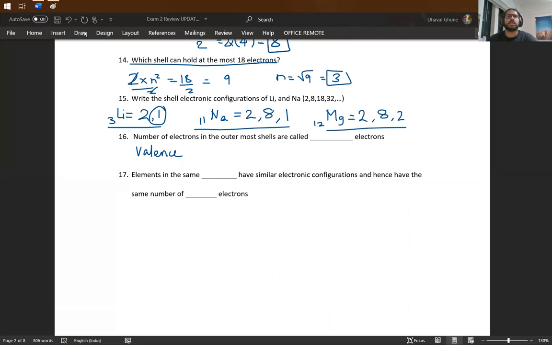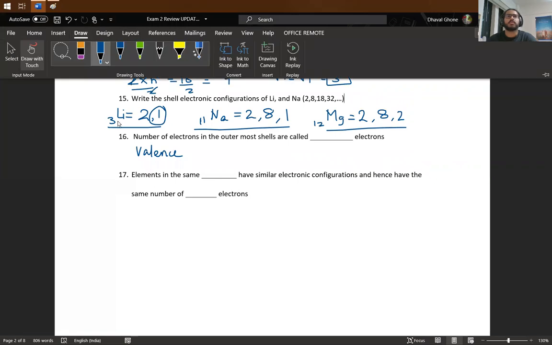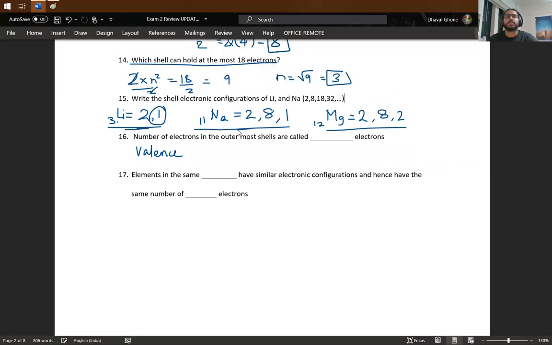As you can see from here, lithium and sodium are in the same group, the first group, and they have similar configuration where it's something, something, something, comma 1. So the first blank is groups, and they have the same number of blank electrons. If you observe in this case, they both have the same number of valence electrons.